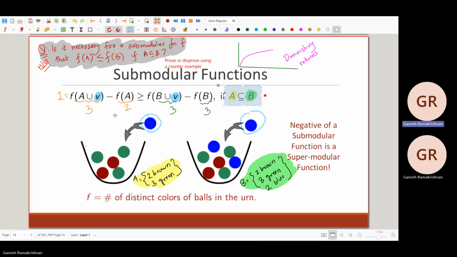That's why we got excited when our Lagrange dual was a concave function to be maximized. We said, wow, good, a dual problem is a concave maximization problem. So do you think that maximizing submodular functions is going to be an easy task and minimizing supermodular functions is going to be a hard task? What are your thoughts?